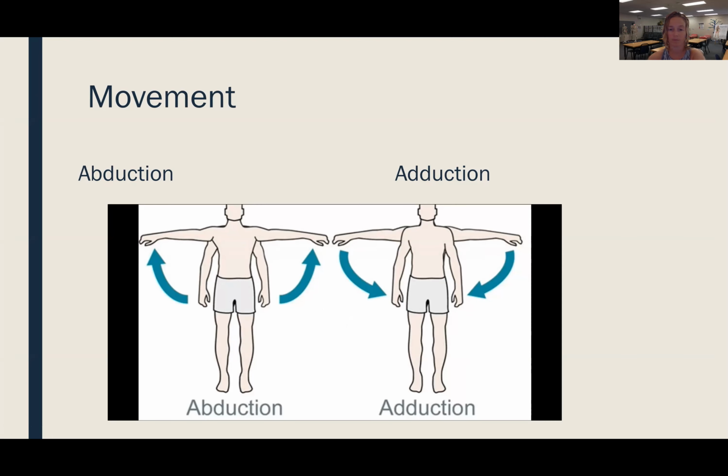When the arm is lifted away from the side and upwards toward a horizontal position, that is abduction. When it is brought down again to hang by the side, that movement is adduction. If you move your little toe outward, you are abducting it. When you move it back in to lie alongside the other toes, you are adducting it.